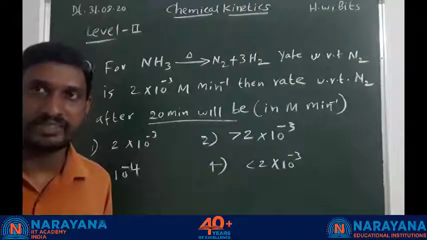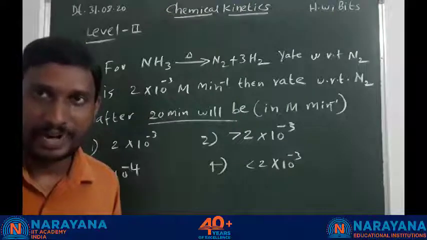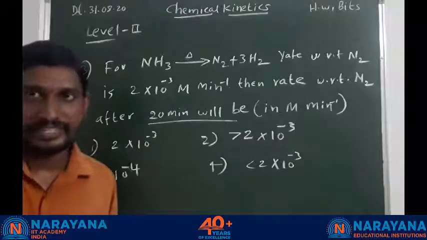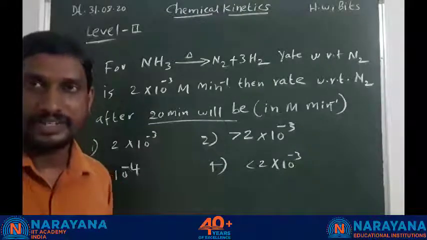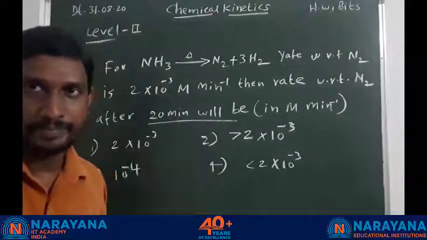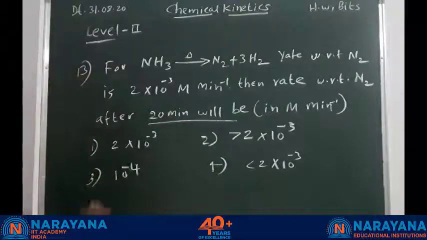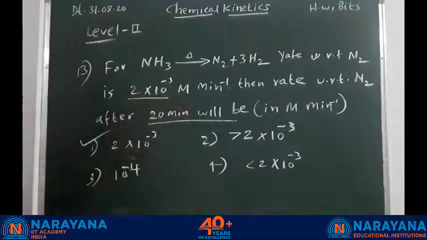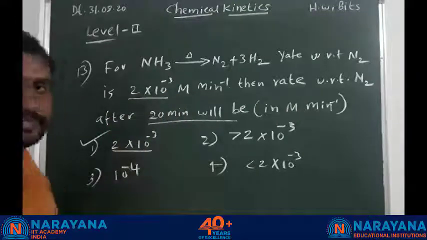The given reaction is a zero order reaction. For a zero order reaction, rate remains constant with time. So the answer is the same, that is 2 into 10 power minus 3, option 1 is correct.